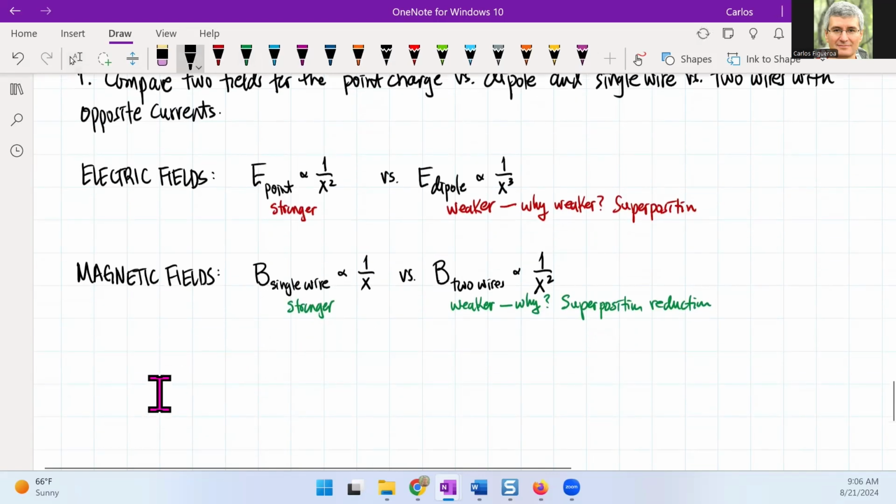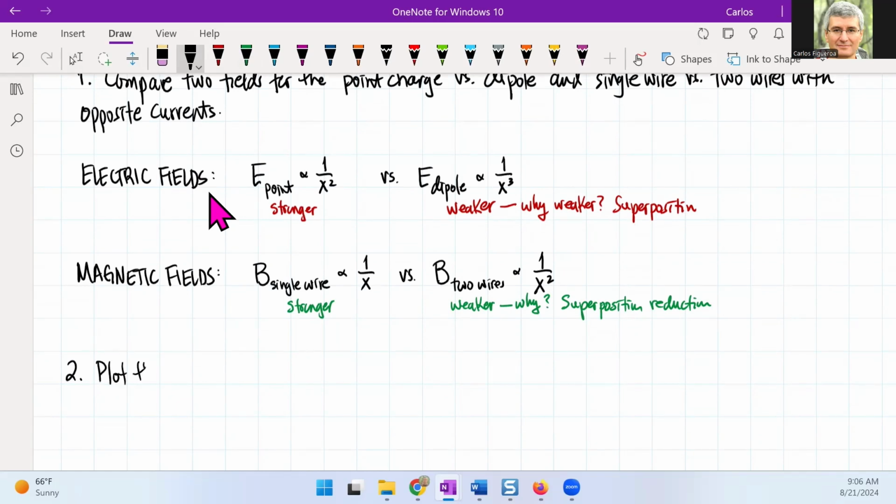So the last thing I want to look at is that I want to plot these. So now I want to plot the field of a single wire versus two wires.